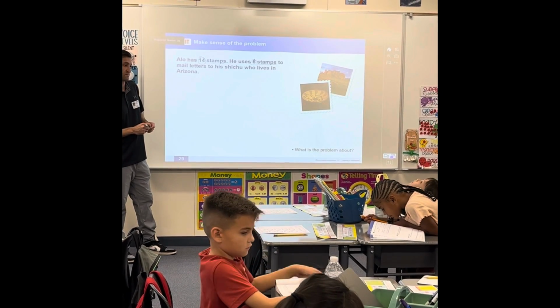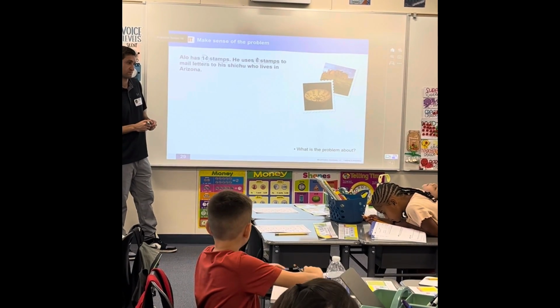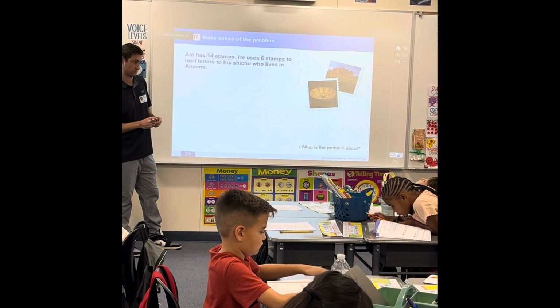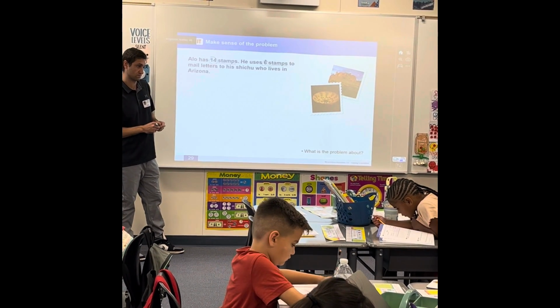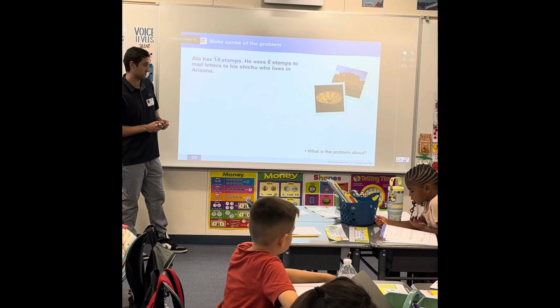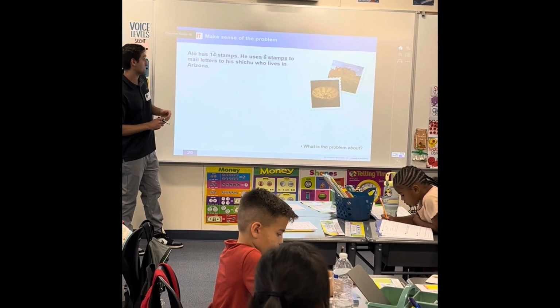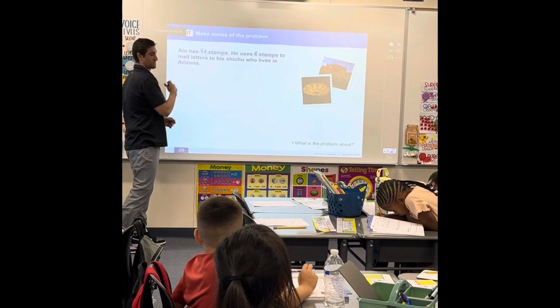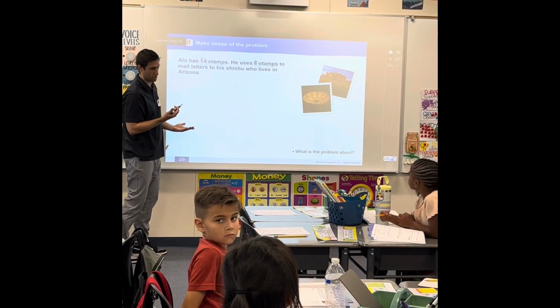On my page it says, how many stamps does Alo have left? Well, it's literally just these two sentences, that's all. That's all you need for this problem.